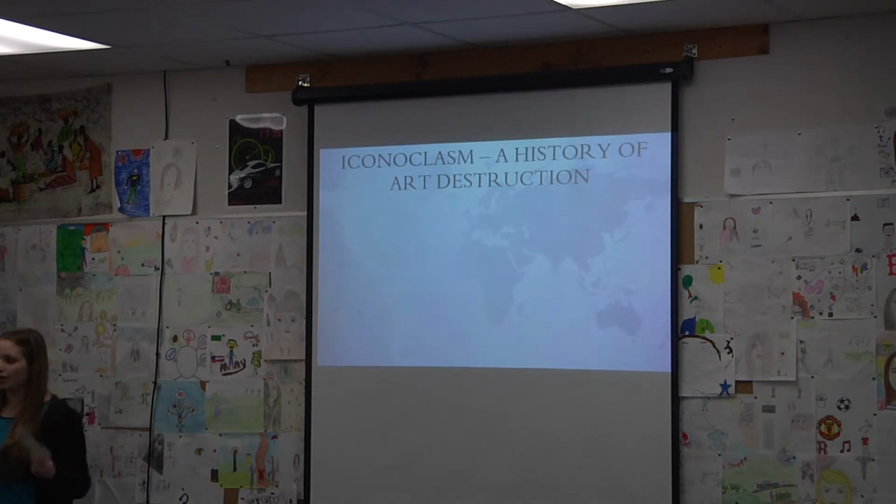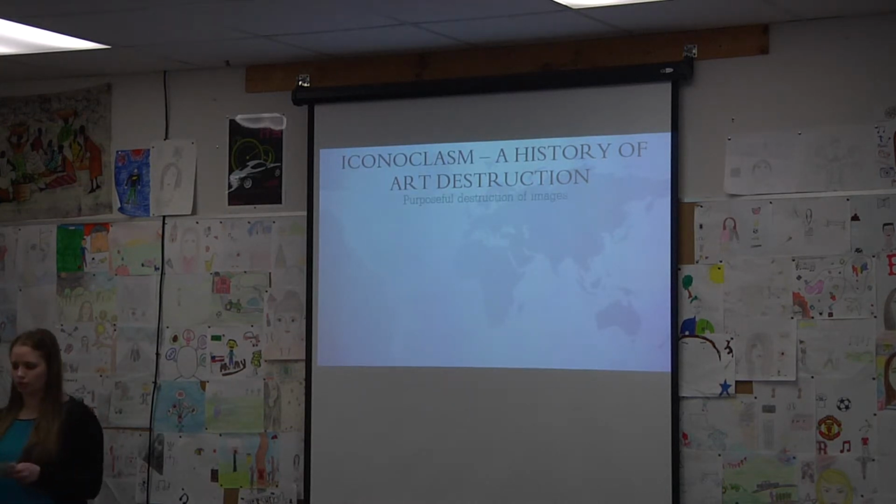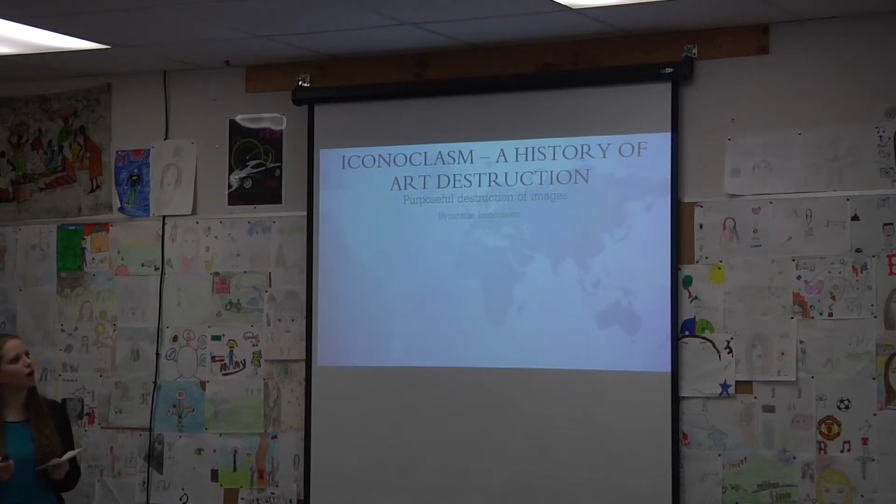So now we're going to talk about iconoclasm, which is the purposeful destruction of images, usually in a political or religious manner. The famous one is the Byzantine iconoclasm, which was dealing with the Muslims and the Catholics, where they defaced a lot of religious art.